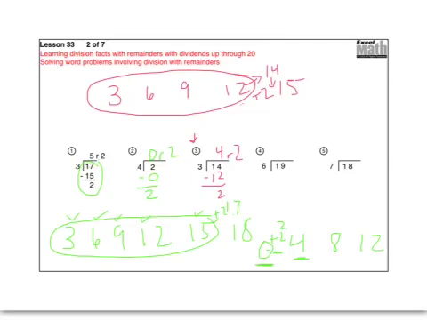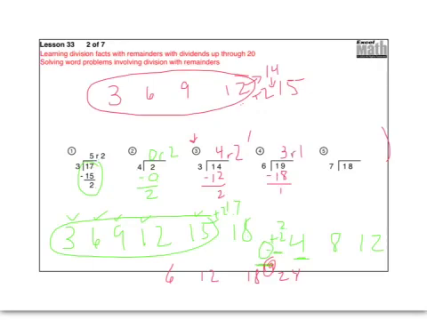All right, pause the video and do 4 and 5, and then turn it back on when you're ready to see the solution. So 6 into 19. How many times does 6 go into 19? 6, 12, 18, 24. 24 is too big because 19 is right in here. And so it goes in 3 times. 3 times 6 is 18.